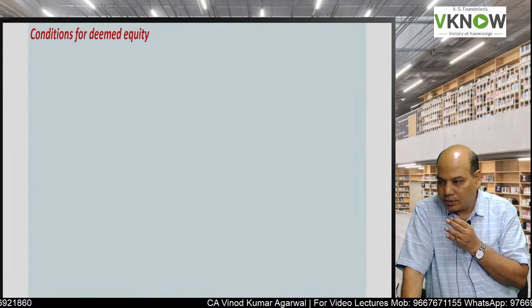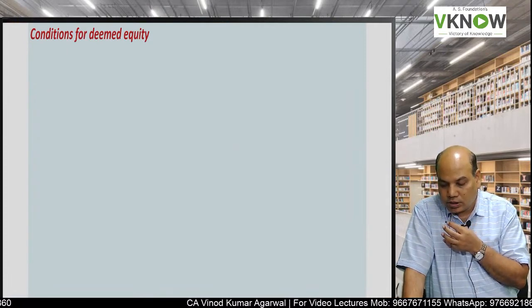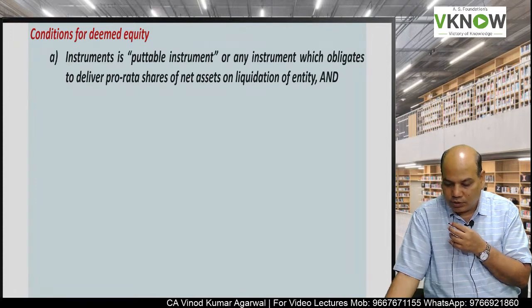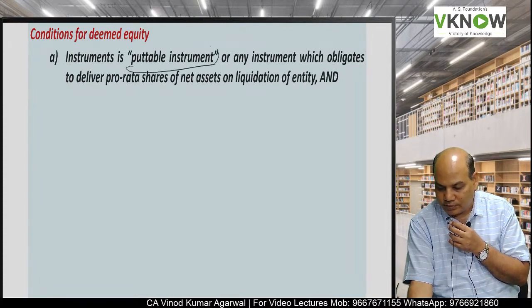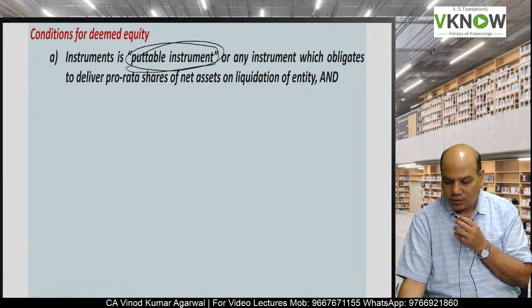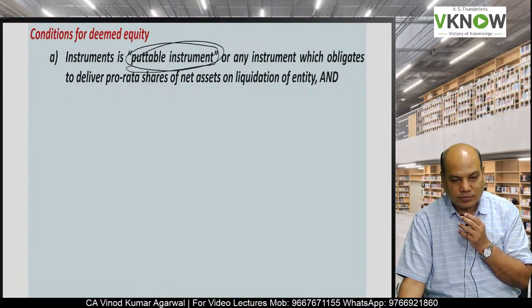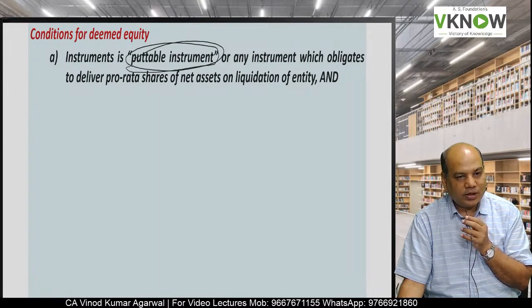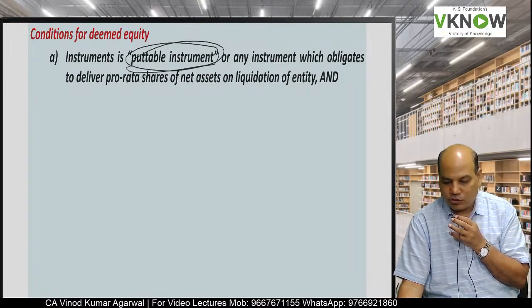For example, we'll discuss conditions for deemed equity. Putable instrument. What is a putable instrument? The investor can surrender the bond before maturity and can get cash. That is a putable instrument.